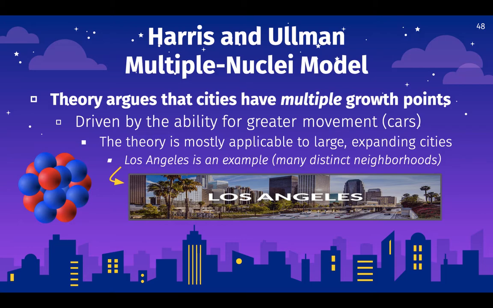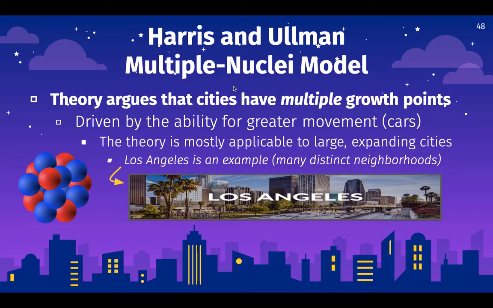Then we get one more model that's developed a little later on as we have continued urban development that argues there isn't just one focal point, there are multiple growth points. And this is the Harris and Ullman multiple nuclei model.